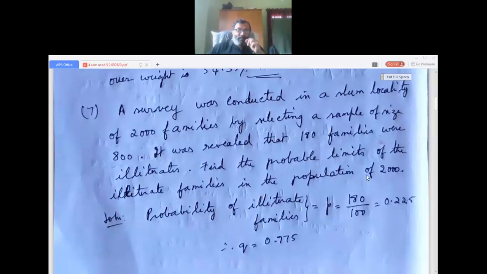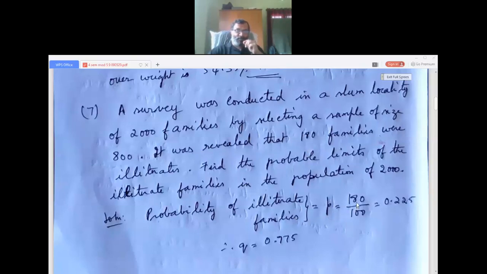So how to do it? Find the probable limits of the illiterate families in the population of 2000. So now, probability of illiterate families first. Probability of illiterate families, P equals what here? Illiterate families, 180.